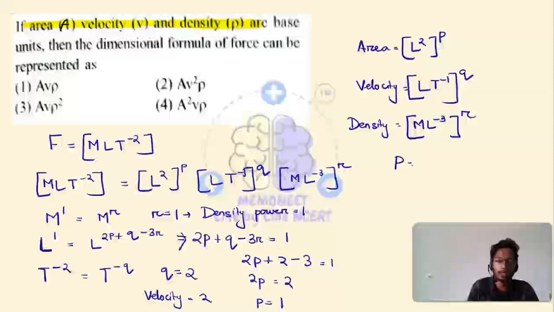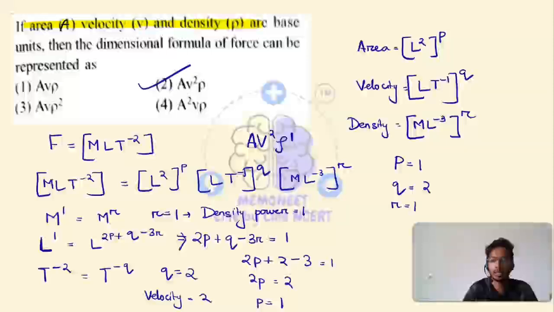So P is equal to 1, Q is equal to 2 and R is equal to 1. So it will have A, for Q that is V square, and for the density, rho to the power 1. So what will be the answer? That is the second option, A V square rho. So this will be our correct answer.